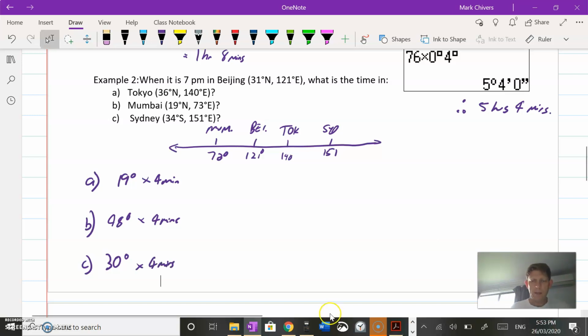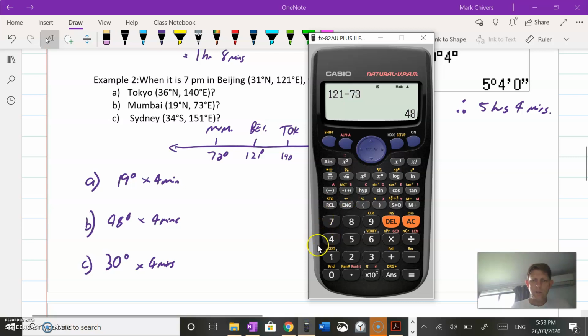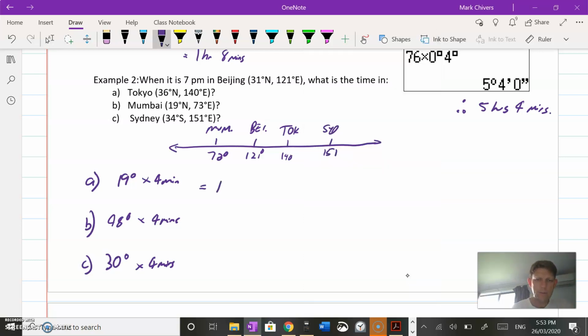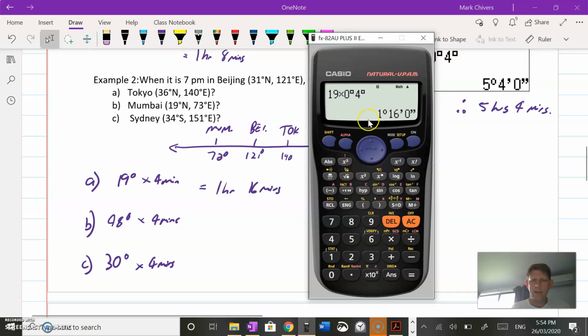So as we plug that all through the calculator, we'll just go 19 times by 0 hours, 4 minutes. So that gets us 1 hour and 16 minutes. And we can use that replay function on the calculator and go back up there and just change the number we're multiplying by for these ones.